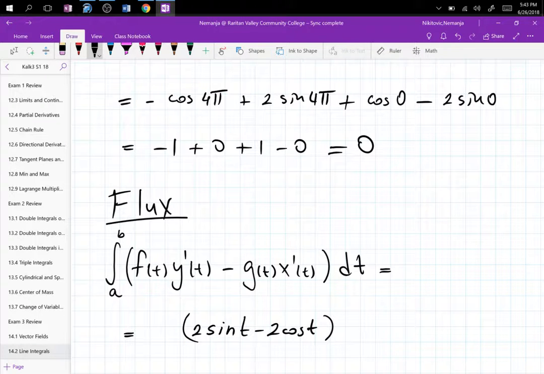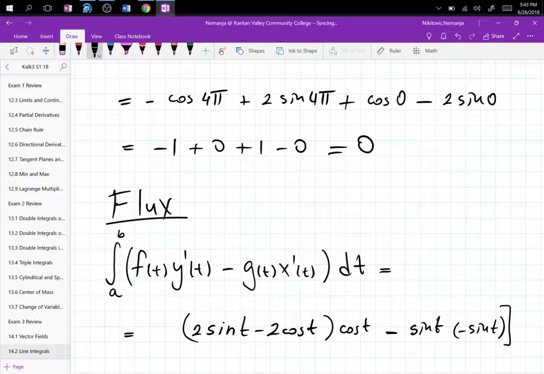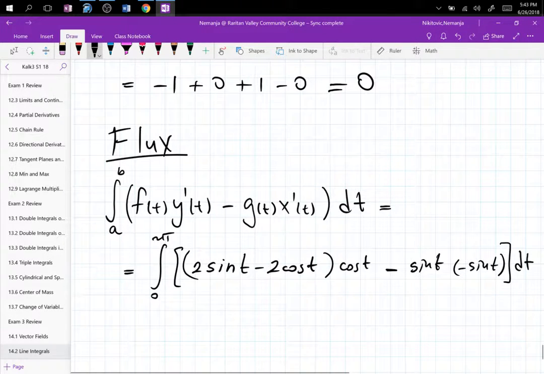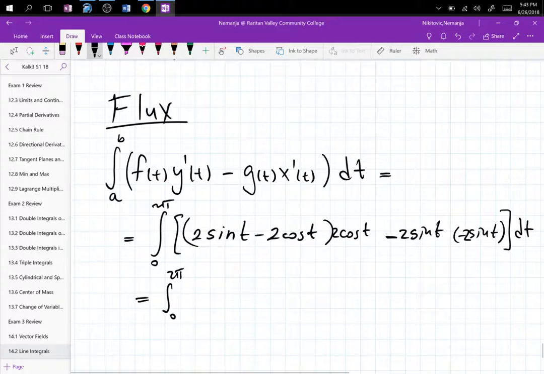Y prime is supposed to be cosine t, minus g of t was the second one, so that's sine t times x prime, and that's negative sine t, dt from 0 to 2 pi on the integral. No, I'm missing a 2 somewhere. No, I'm missing 2's everywhere, right? Okay. Yeah, I'm missing 2's everywhere. Good.